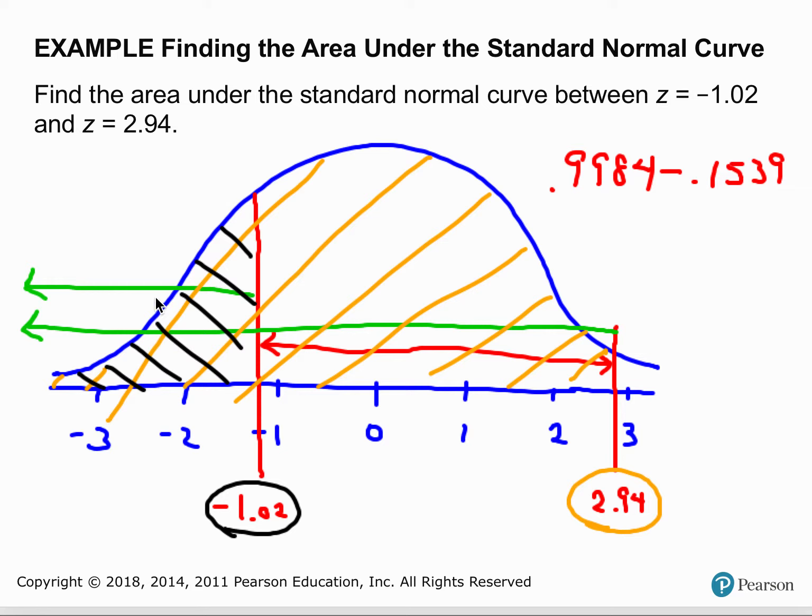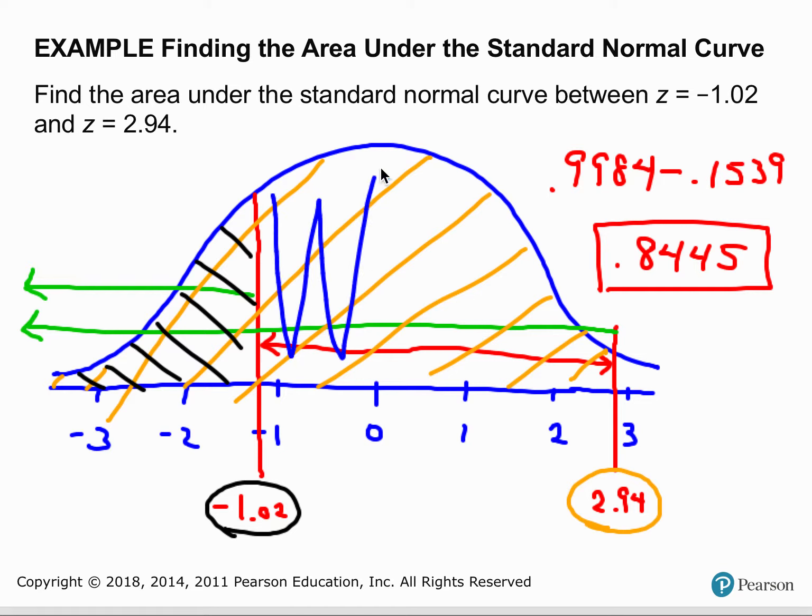So take it off. 0.9984 minus 0.1539 for a final answer of 0.8445. Right? That's the area under the curve that is all of this, just this part.